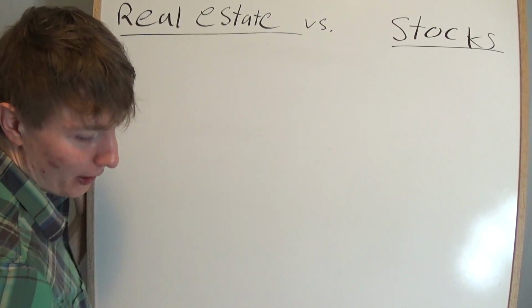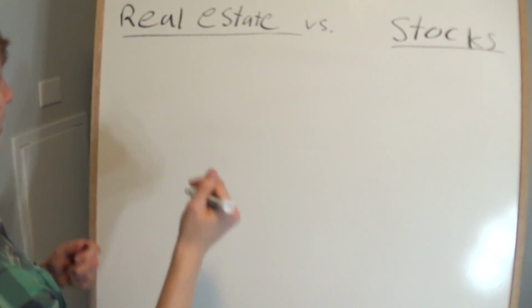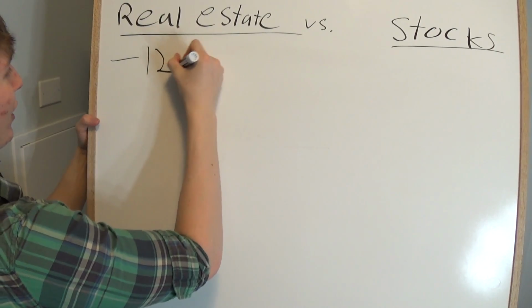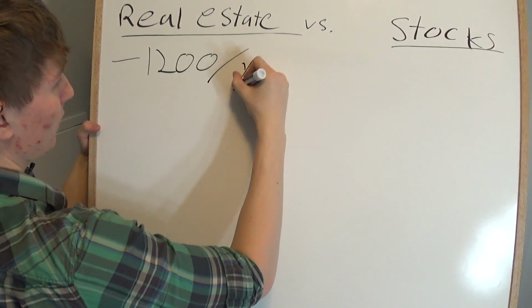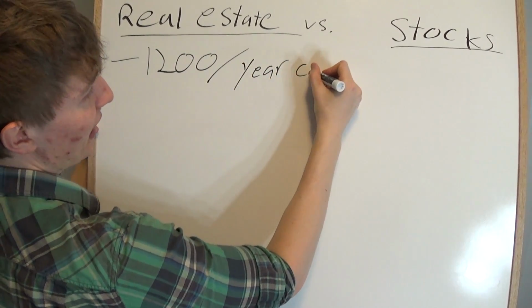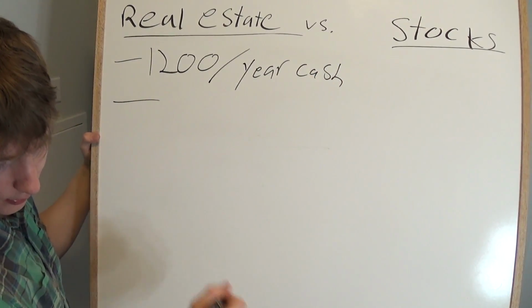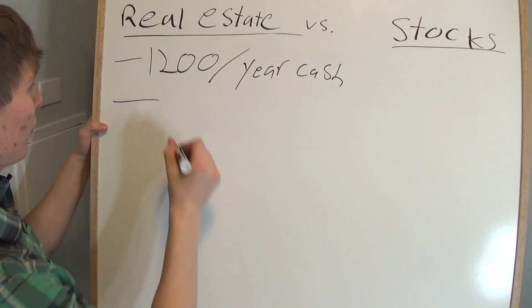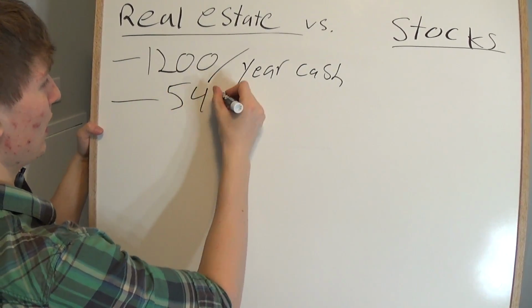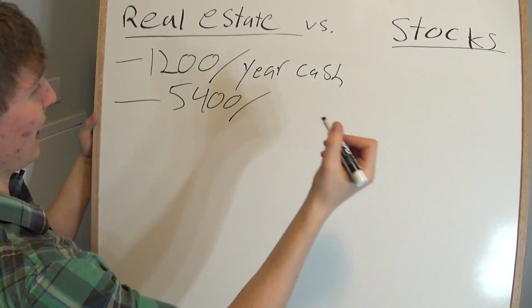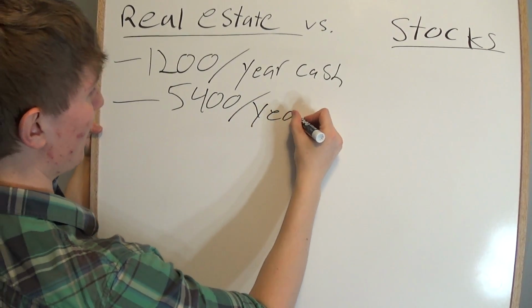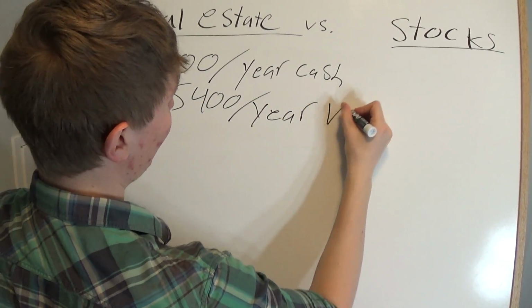Now we're going to do a comparison here. Remember, you had $1,200 in cash per year, where you're just getting the money straight up, and you're getting $4,200, so $5,400 a year in, I guess, value.